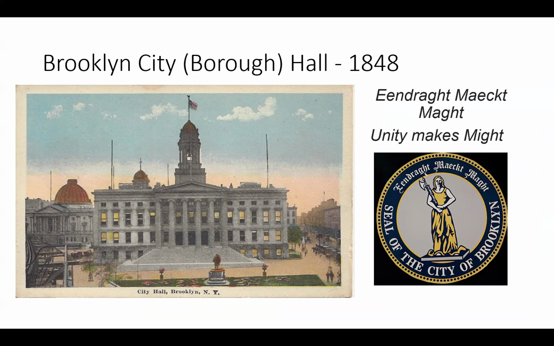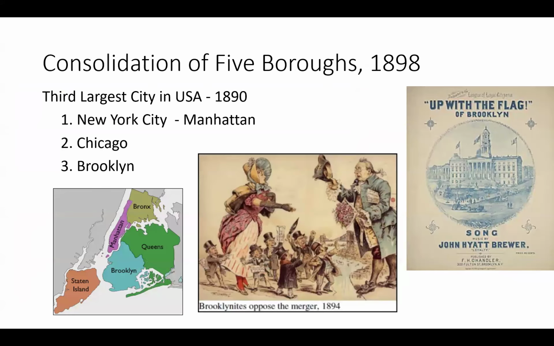The slogan of Brooklyn was Eintracht macht. Unity makes might. Here again, reflecting the diversity of the population of Brooklyn, showing that it is a city that accepts and tolerates all.